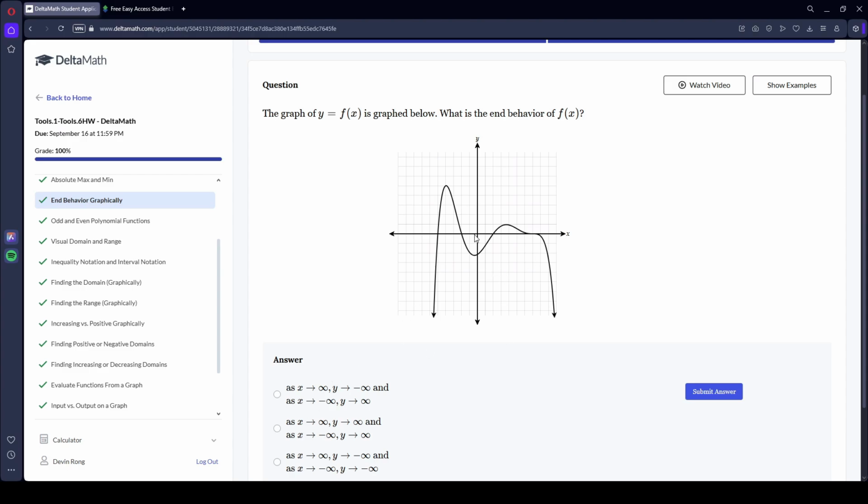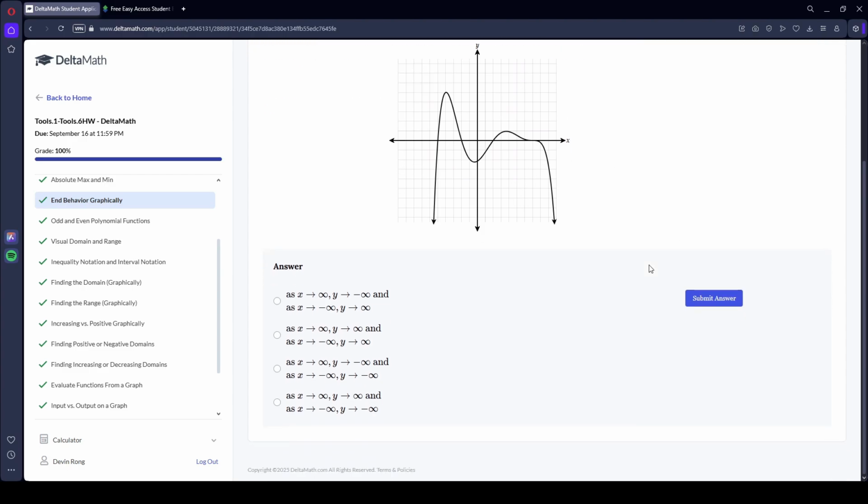X approaching negative infinity, moving left, this part of the graph. As x approaches negative infinity, y goes down, which means it goes to negative infinity. Down and left are negative, and up and right are positive, as you can figure out.